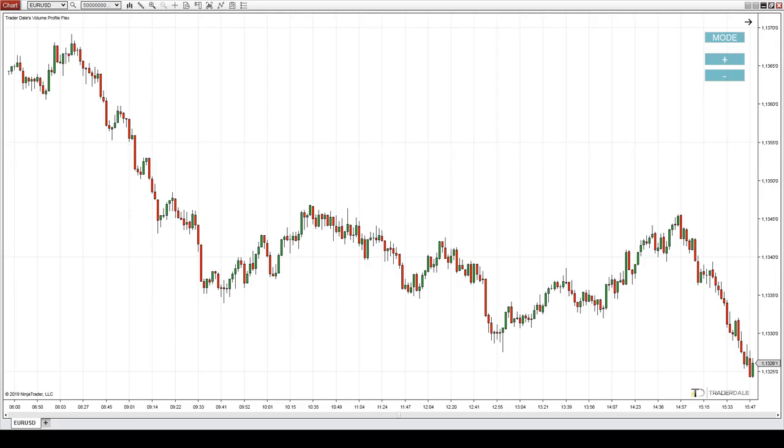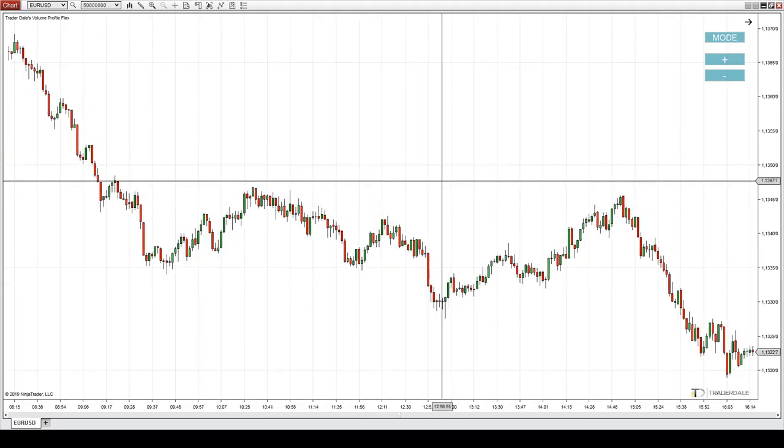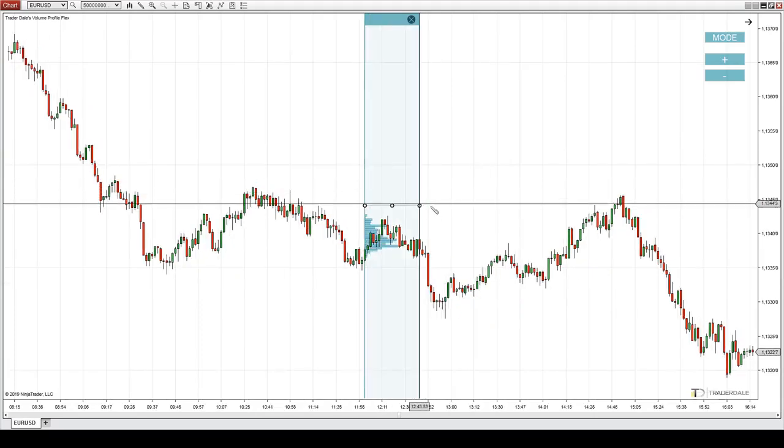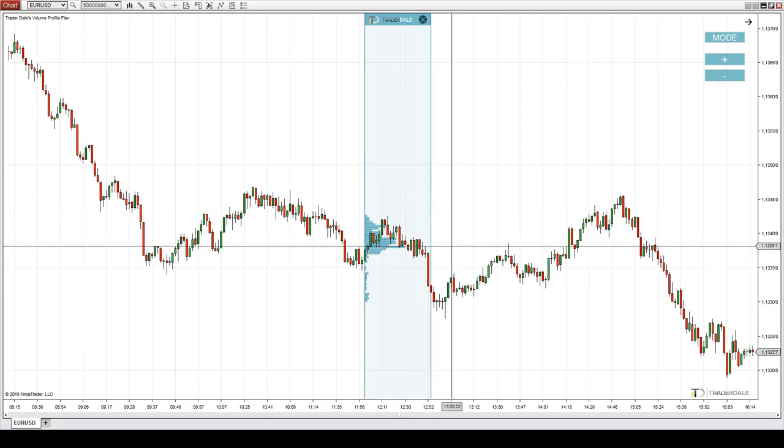And now another rotation which I see here is this rotation followed by this strong selling activity. In this case, the volumes are the heaviest in here. So you wait for a pullback. When the price hits the level, you enter a short.